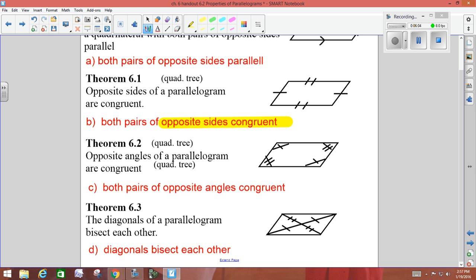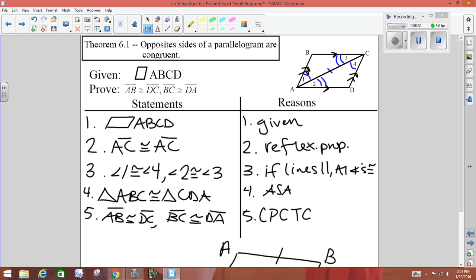The definition of a parallelogram is that its opposite sides are parallel. From there, we get all these properties. The opposite sides are congruent. Next property, both pairs of opposite angles are congruent. I'll come back here. If I go back to this first proof, we proved that the triangles are congruent.